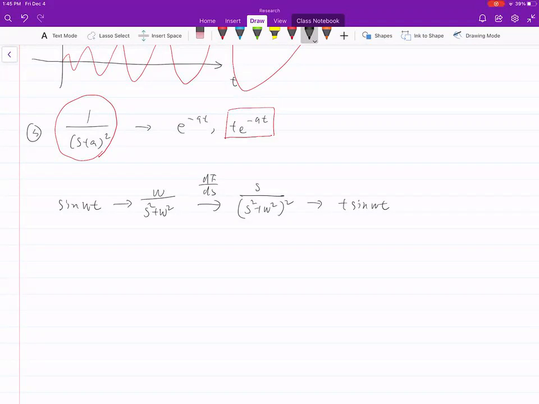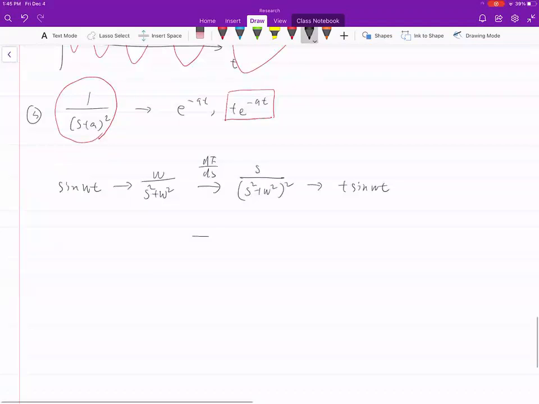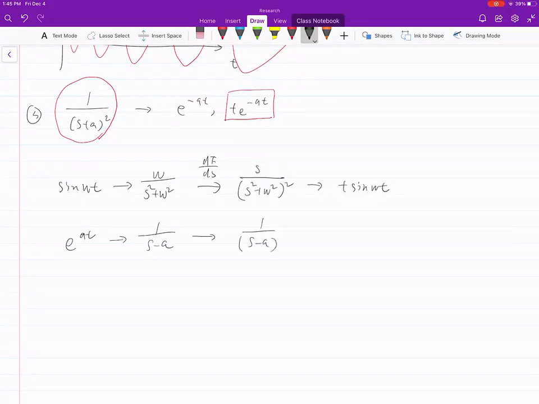That's what we just did. Okay. Same thing. You start from e to the at. This should give you 1 over s minus a. Now you have 1 over (s minus a) squared, repeated zero. That means you probably took a derivative somewhere. If taking a derivative adds a t to your sine t, it should add a t to your e to the at.